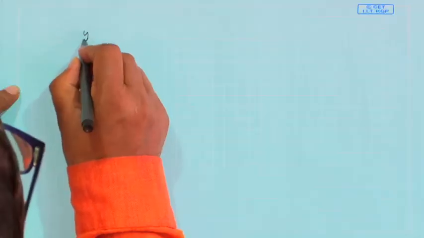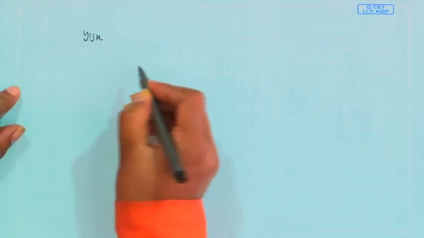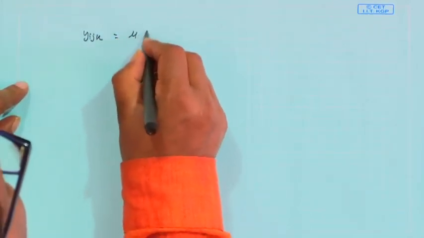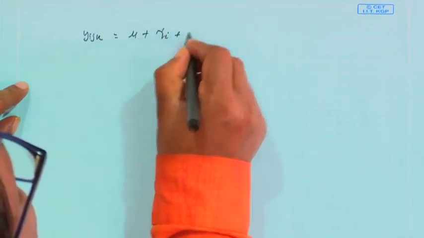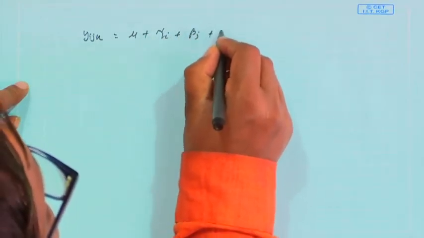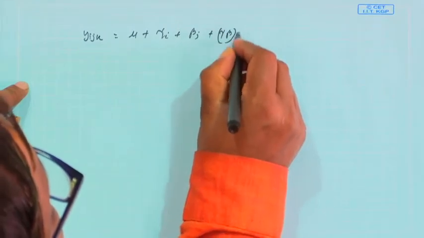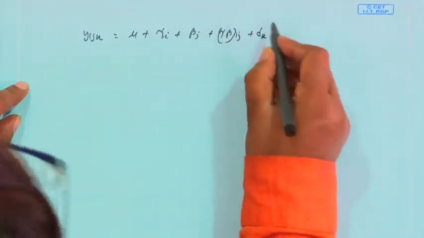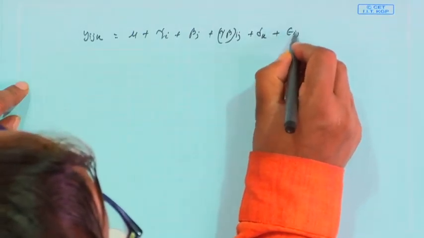If this is the situation, then your fixed effect model will be y_ijk equals mu plus tau_i plus beta_j plus tau beta_ij plus delta_k plus epsilon_ijk.